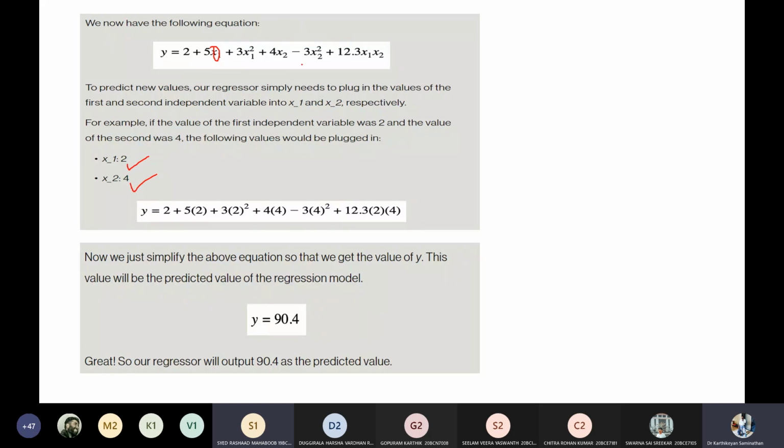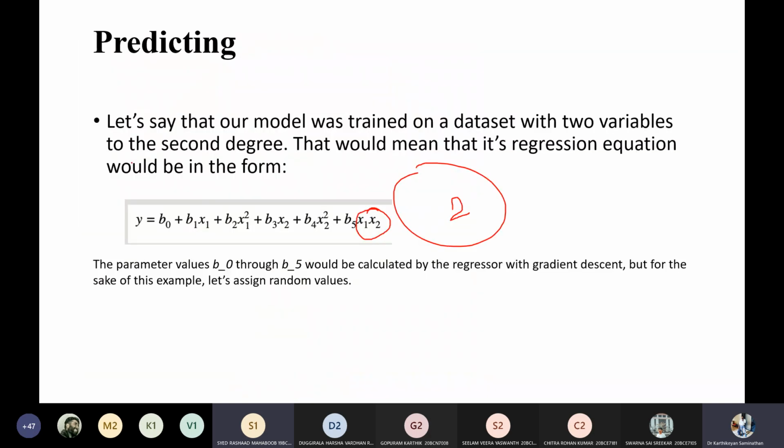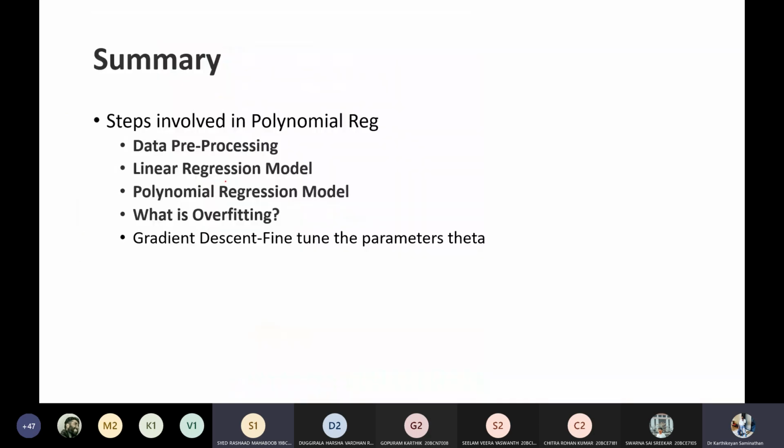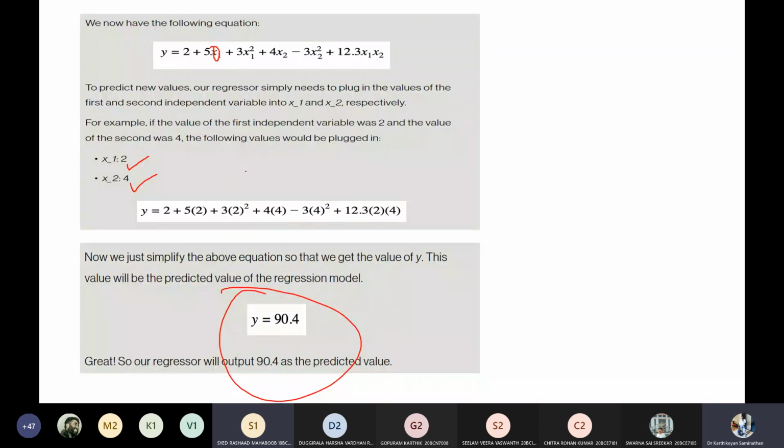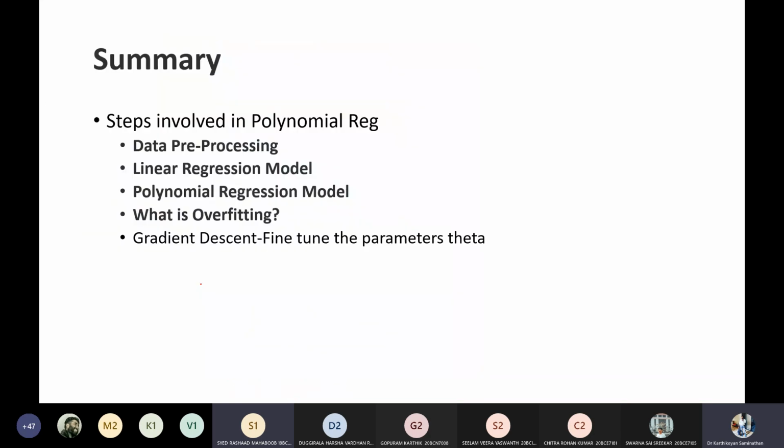When you apply these values to this equation, you will get 90.4, a regression value, your predicted value. You may get a question in exams. Such an equation might be given, and they will ask you to identify whether it is a single equation or double equation, and what the predicted value by the polynomial regression is. So this is how gradient descent and polynomial regression work.